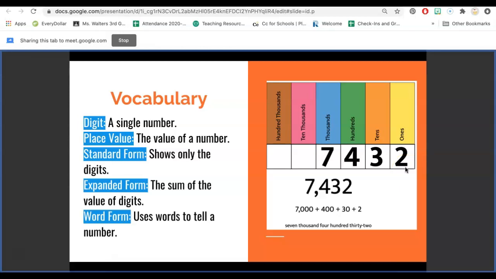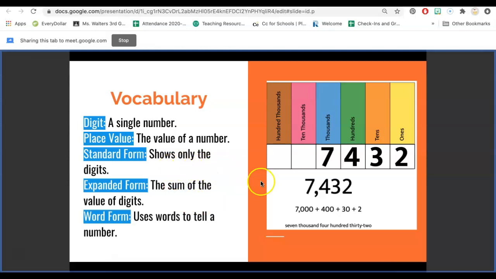Now, place value is the value of a number. So this is the digit 7, but the value of this 7 is 7,000 because it's in the thousands place, right? Now, standard form, sometimes it's also called number form.